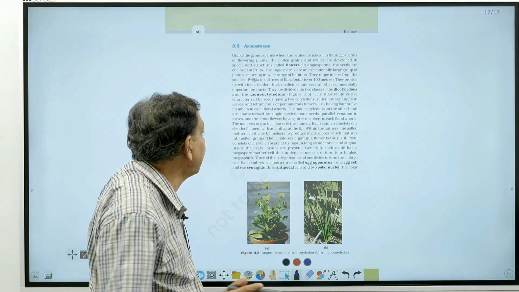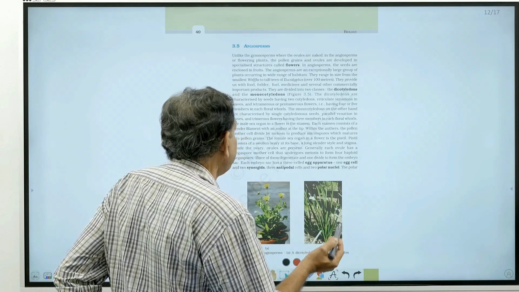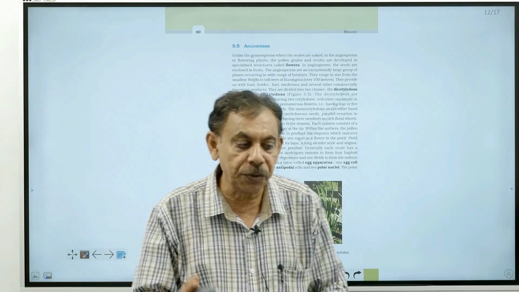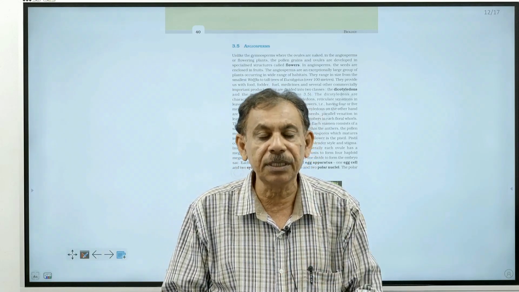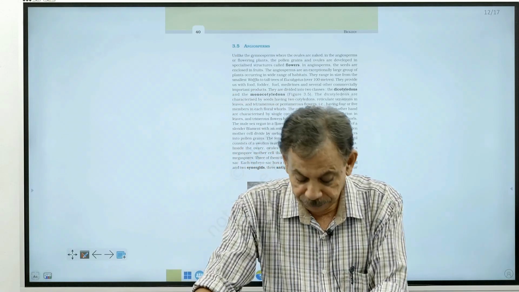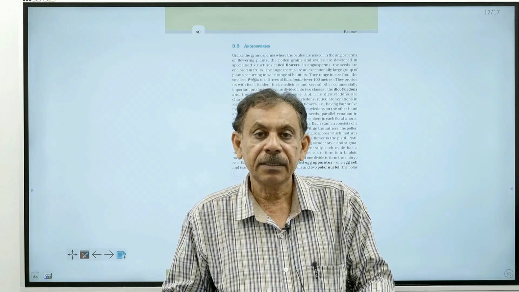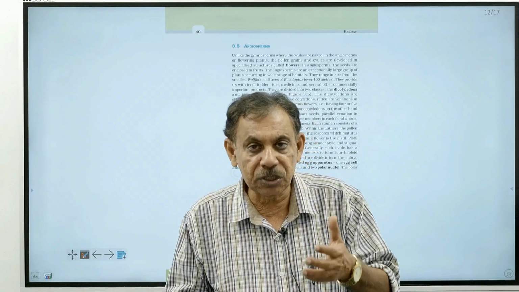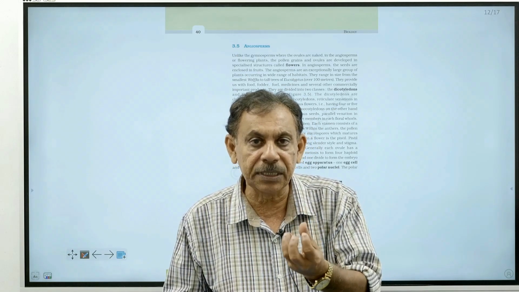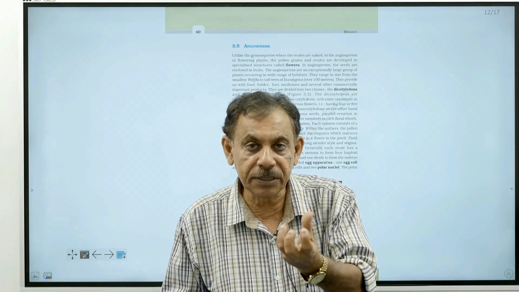Angiosperms produce flowers. The flowers are the sexual reproductive structure in angiosperms. In a flower, you will find 4 different whorls. Calyx is outermost, then comes the corolla. Corolla is brightly colored and scented, enclosing the essential whorls of the flower.